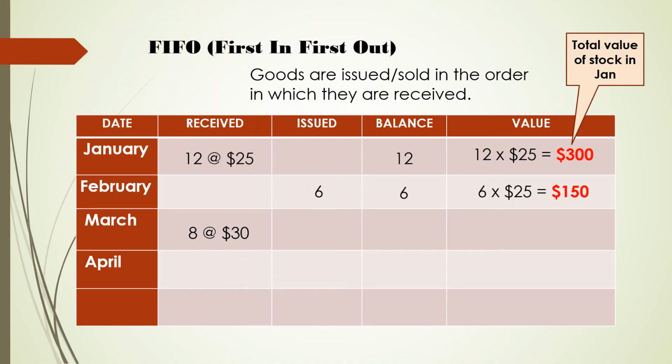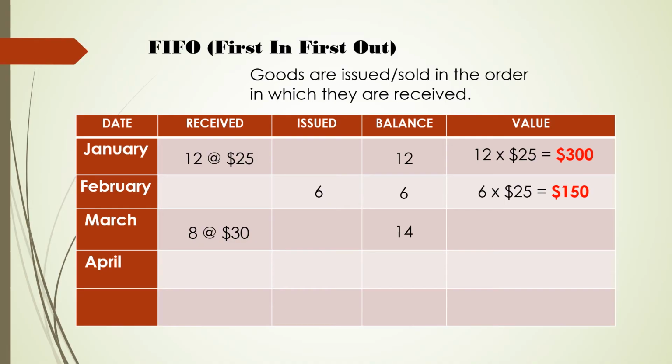In March, there were further receipts. 8 units of stock or 8 reams of paper were received. The value or cost per unit of stock was $30. Our total value of stock or our balance is now 14.